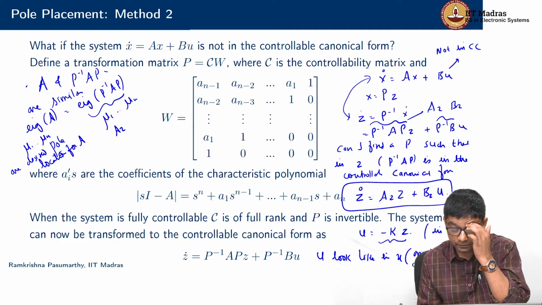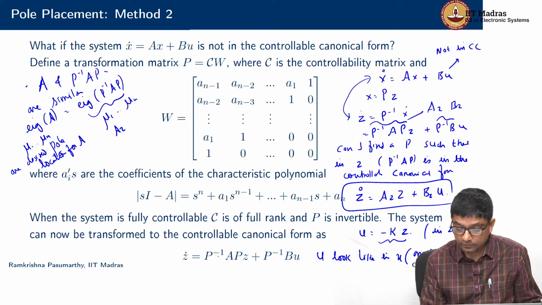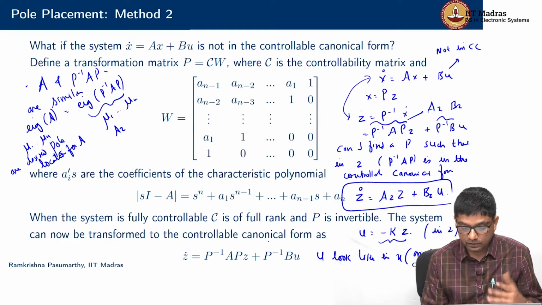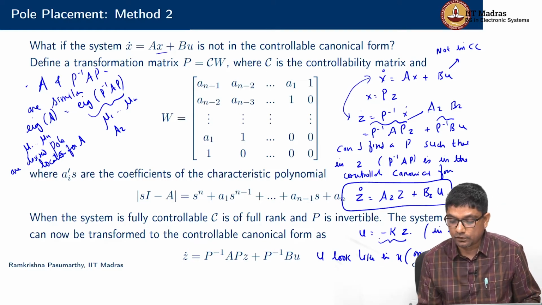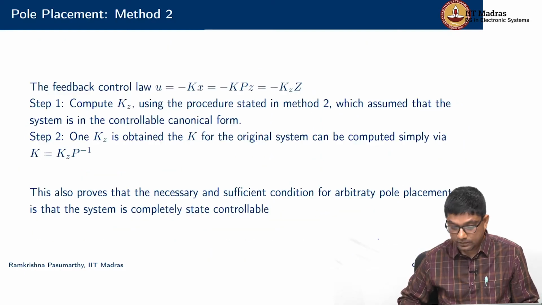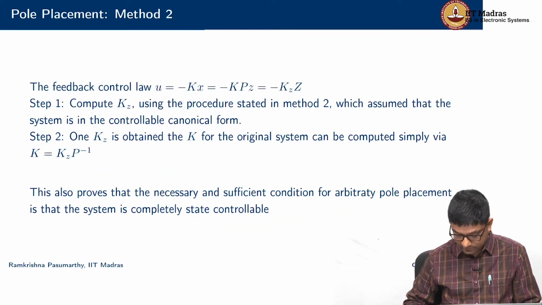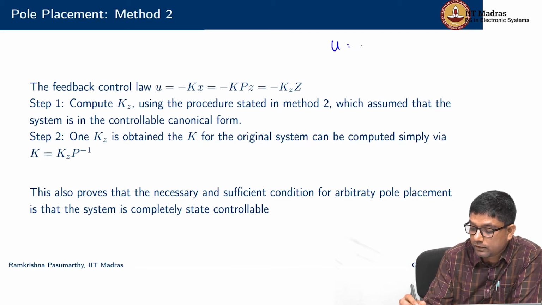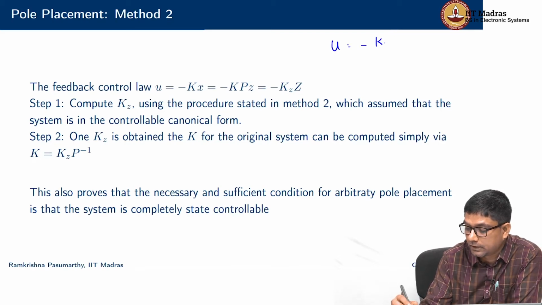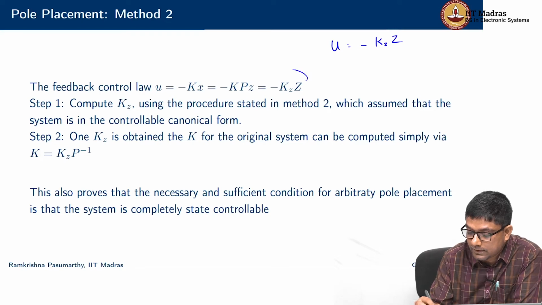Of course, we look at a system which is fully controllable, and in this case, what happens is that I design a control law U equal to minus kz times z. What is this kz times z?